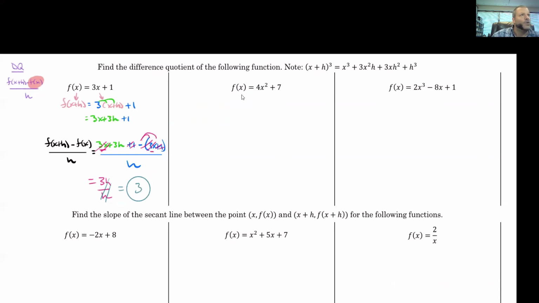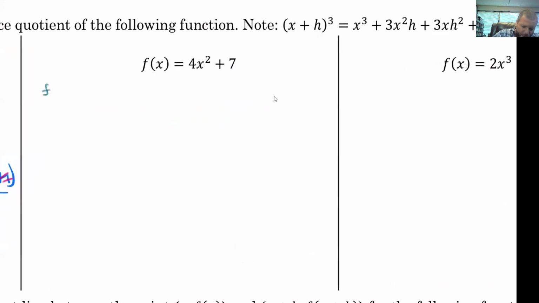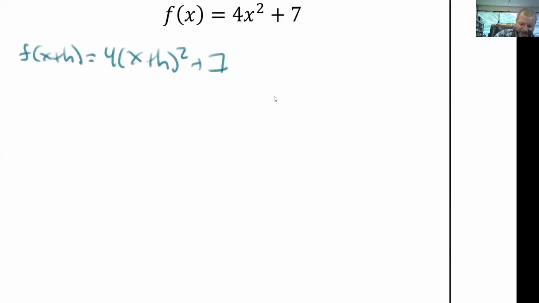Same thing. So for f of x, the second one, we'll do this one a little bit faster. We'd have f of x plus h equal to 4 times x plus h squared plus 7. Next I'm going to expand out the x plus h squared. Sorry for the close up. My seat every so often just falls on its own. Weird, I know.